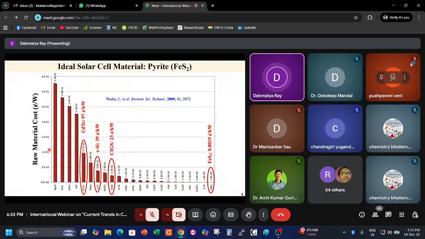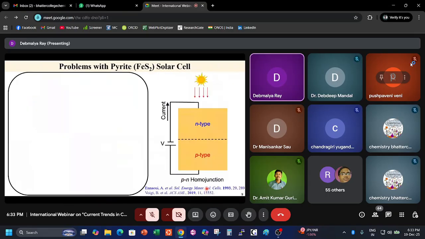Now, this is again a picture of the cost. We care a lot about cost. If you look at the cost of iron disulfide raw material compared to its neighboring competitor, amorphous silicon, it is about 2 orders of magnitude cheaper. So that's why we are very much interested in the iron disulfide solar cell.